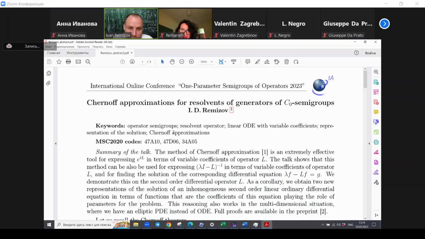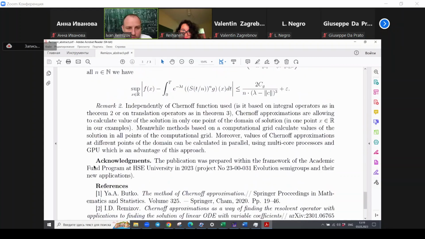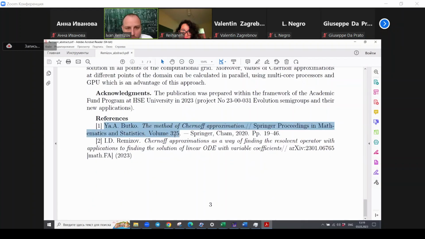Good. So the method of Chernoff approximation. Here is the link to the very nice overview written by Yana Budko. It was written in 2017. Then some time the publication took. Since that time, there is some progress in the Chernoff approximations.